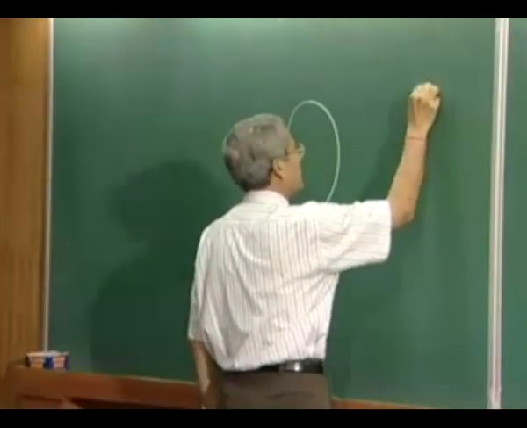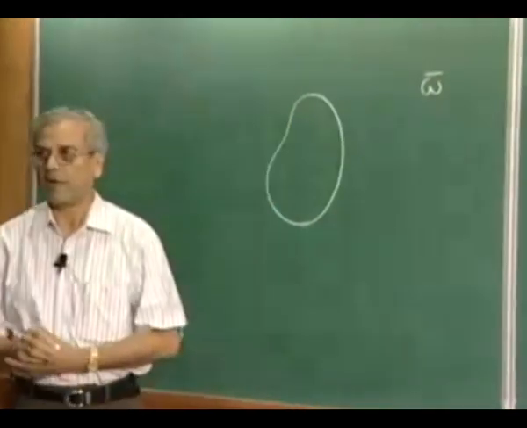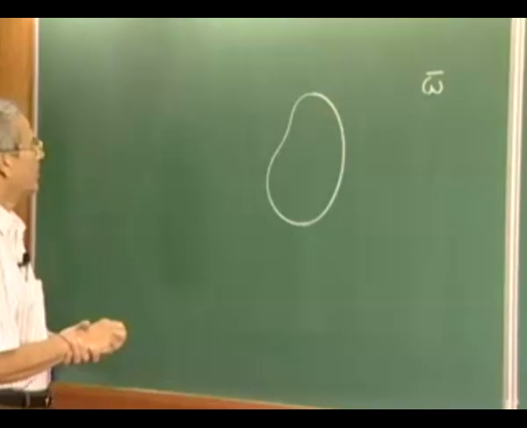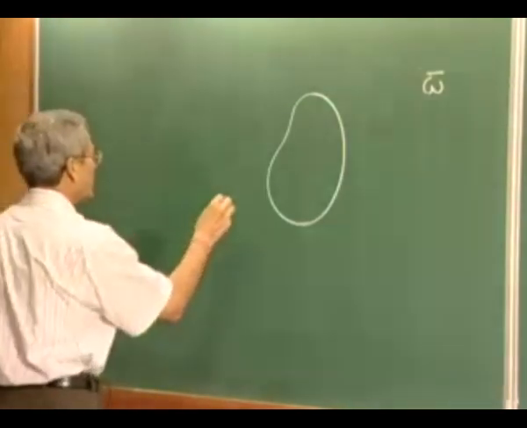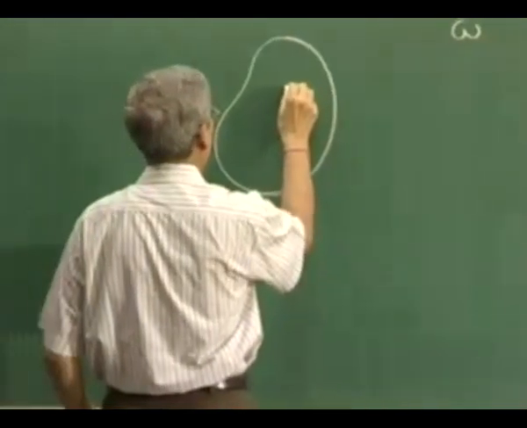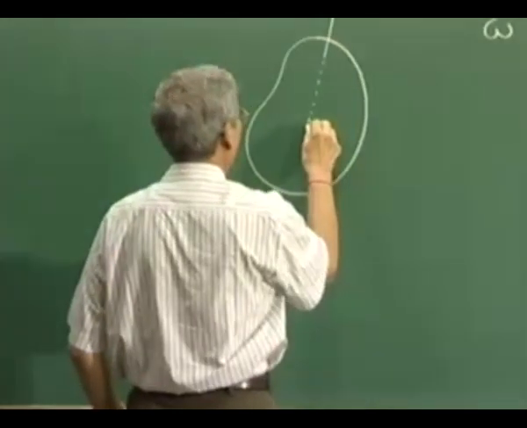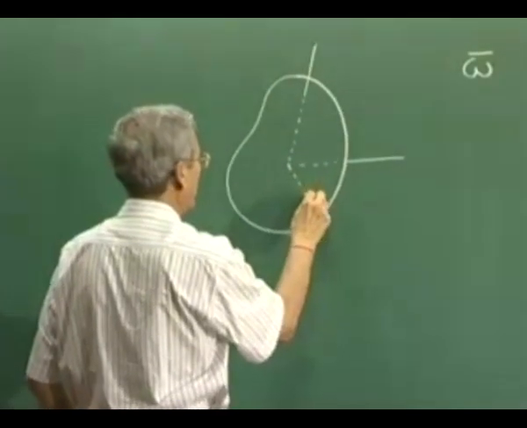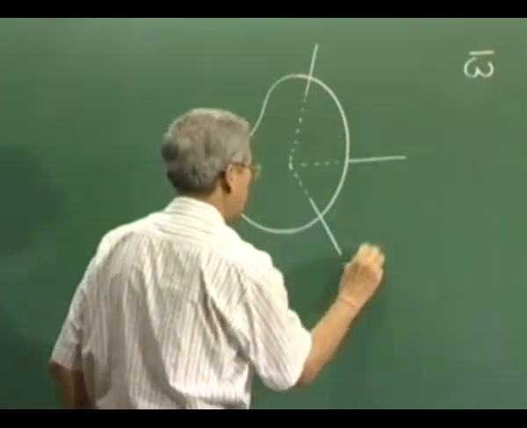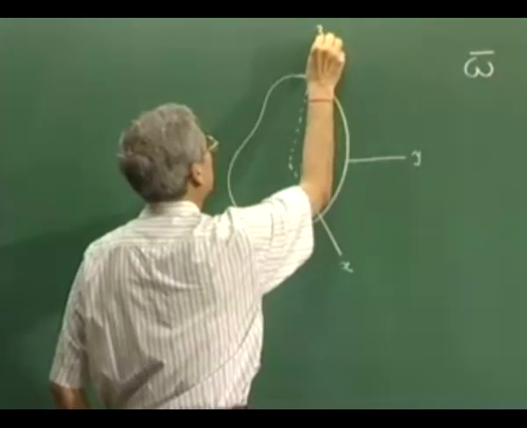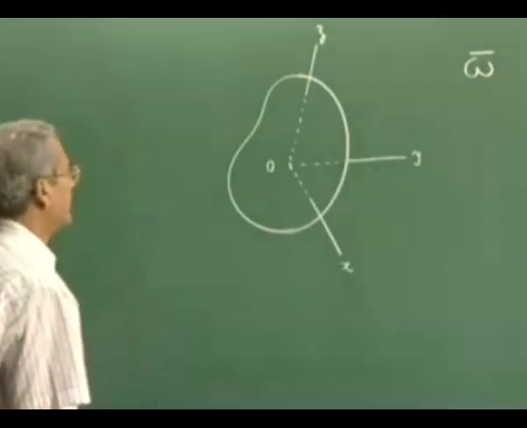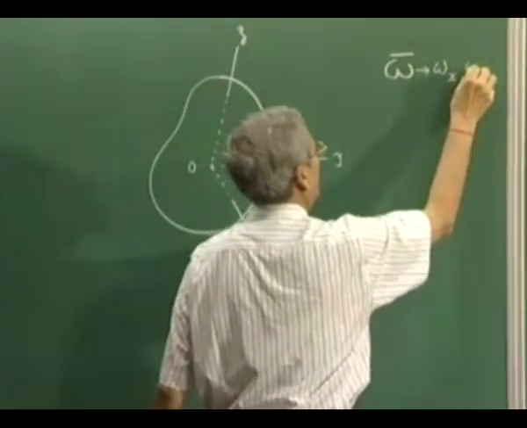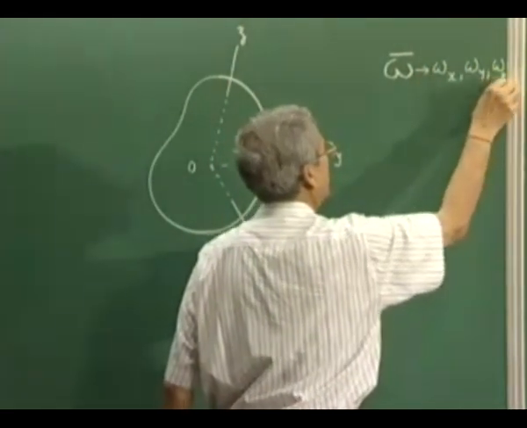And if the angular velocity at a particular instant be omega vector, then we can resolve it into various components along 3 mutually perpendicular directions, x, y, z, as omega x, omega y and omega z.